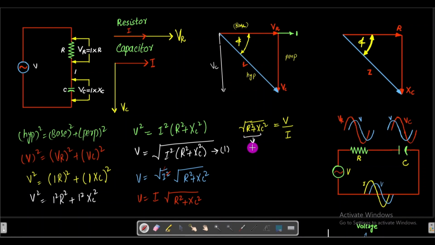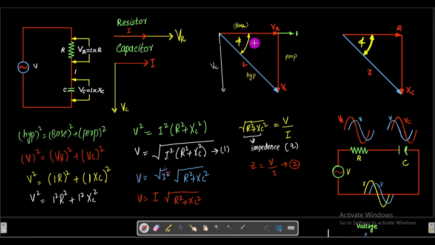So this is actually that impedance, which is denoted by Z. Therefore we can write that Z is equal to V by I. This is actually that opposition offered to the flow of the charges inside this RC circuit.